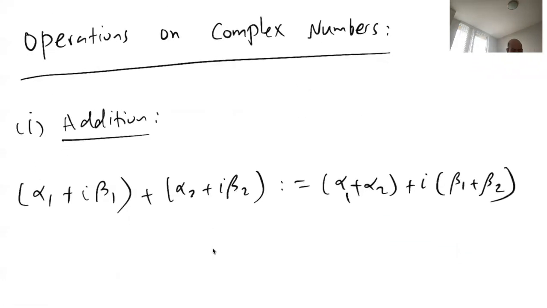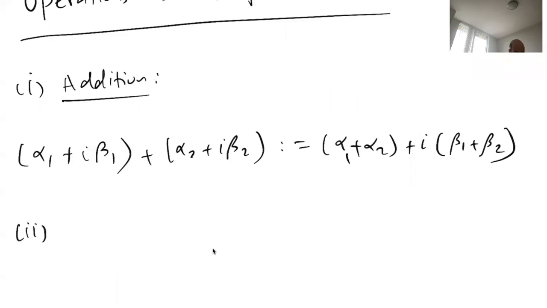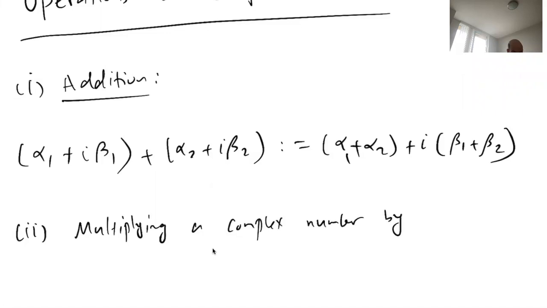And then the second operation is multiplying with a scalar. So the second operation is multiplying a complex number by a real number.